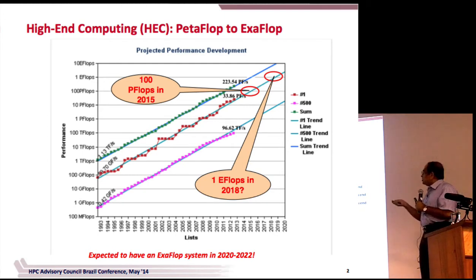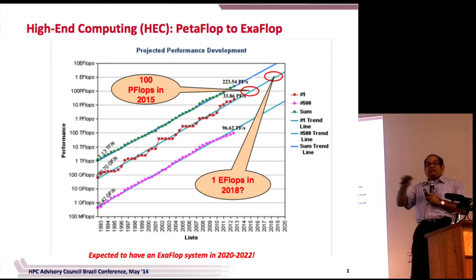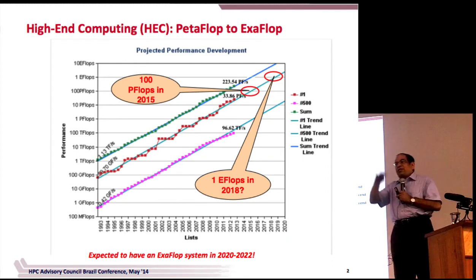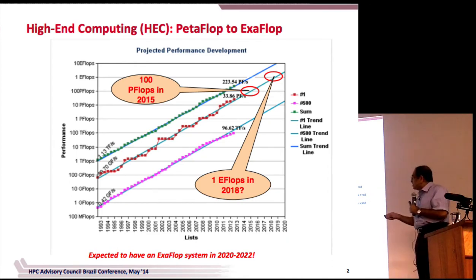Now we have the Tianhe-2, which is the 33.86 petaflop system. And this line shows the bottommost, the 500th machine on the list. Over the years even the lowest powerful machine is growing, and this line has the cumulative power of all the 500 machines.